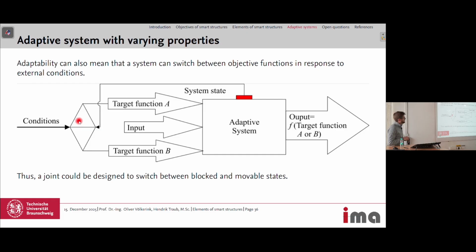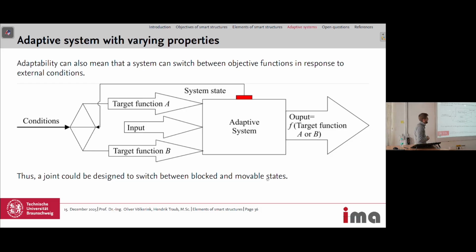We have a condition and a system state, and then we can switch between target function A and target function B, and therefore our input is converted in the adaptive system to output A or B, as a function of the target function A or B. An example could be a joint, which is designed to switch between a blocked and a movable state.